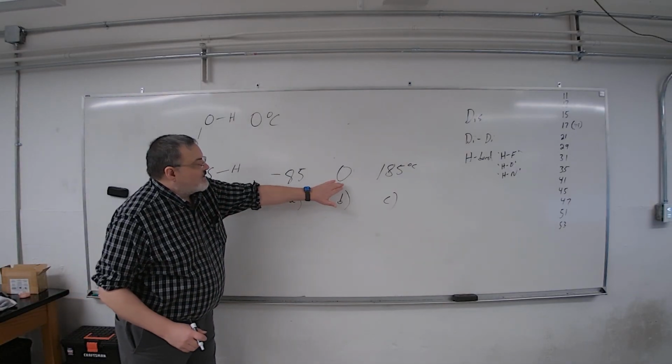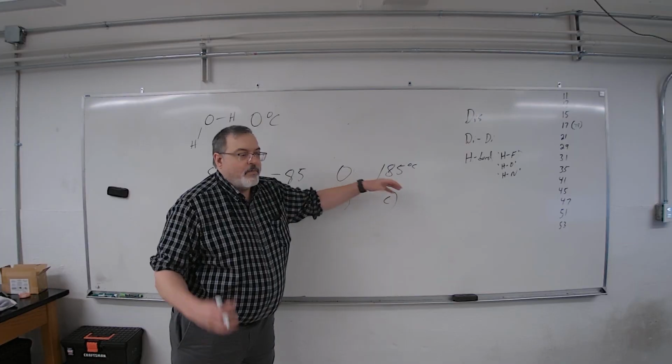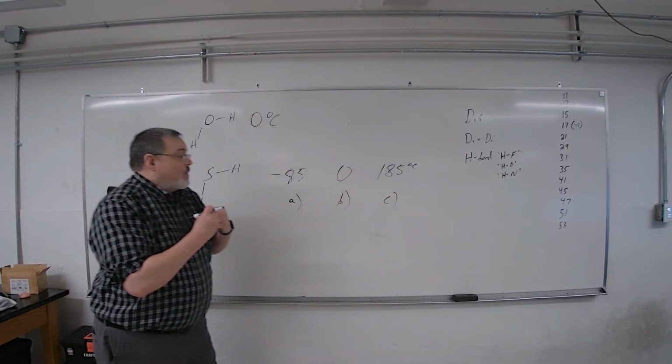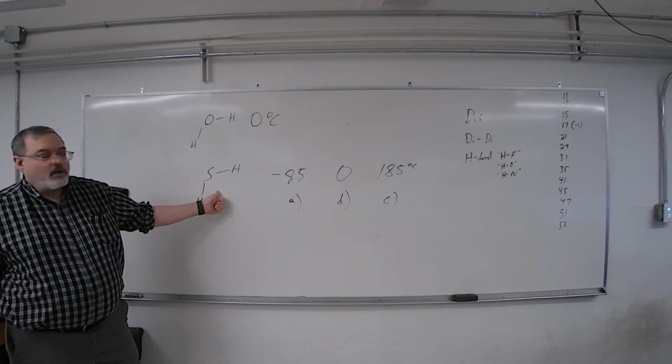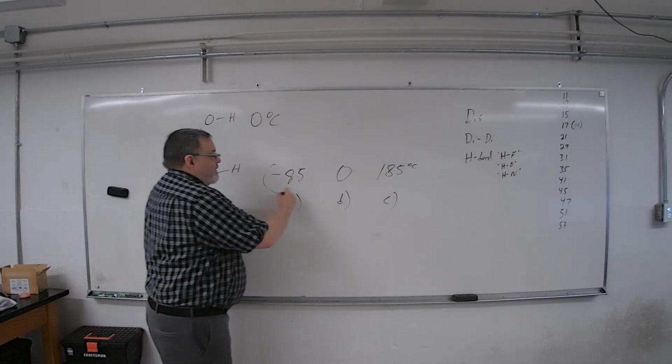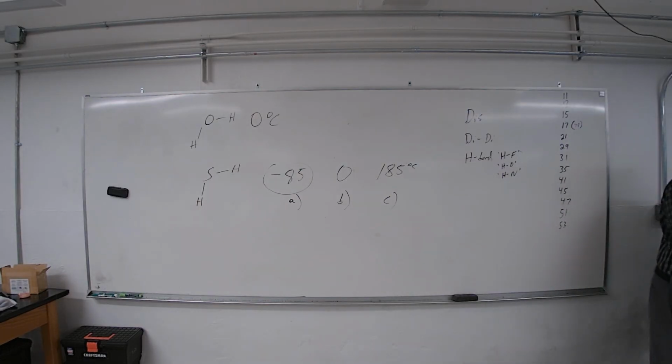And this one means it's the same as water, 0 degrees C. This would be higher than water, sticking to each other more strongly than water. Definitely they stick to each other more weakly than water. So it has to be this one. You with me? Everybody good with that?